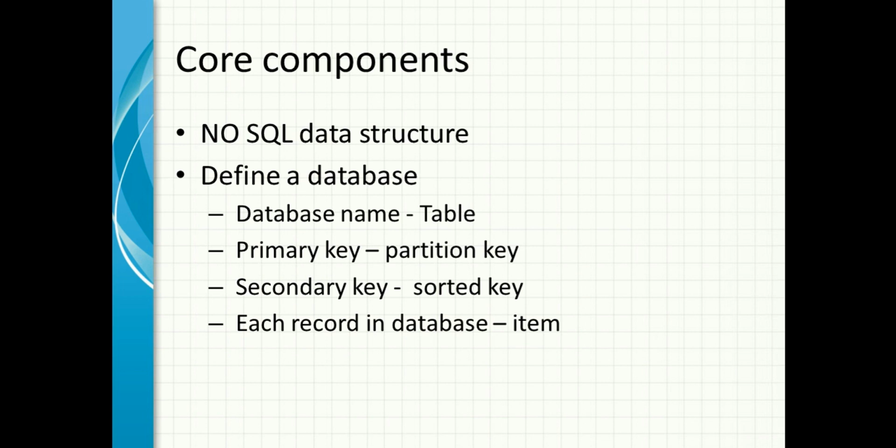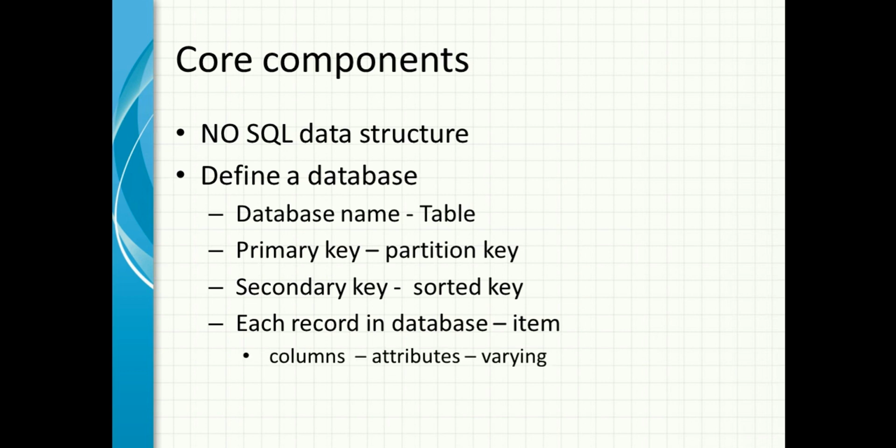A database will have a set of records, and in DynamoDB terminology each record is called an item. So these are all keywords we need to use when we work with DynamoDB: table, partition key, sort key, and item.